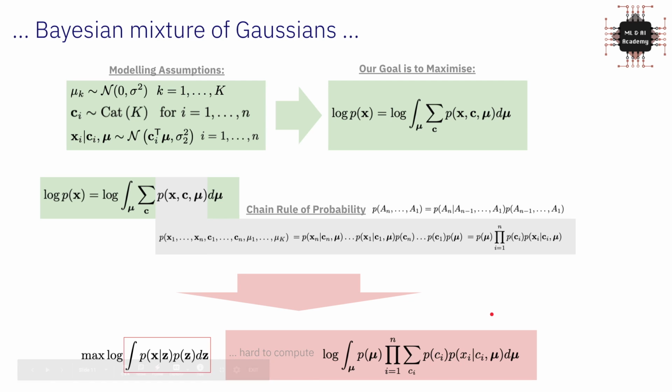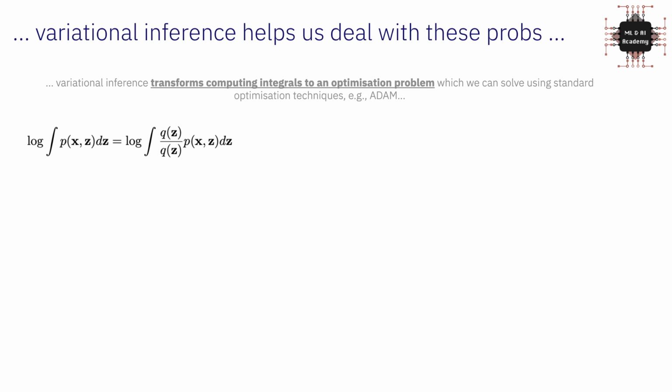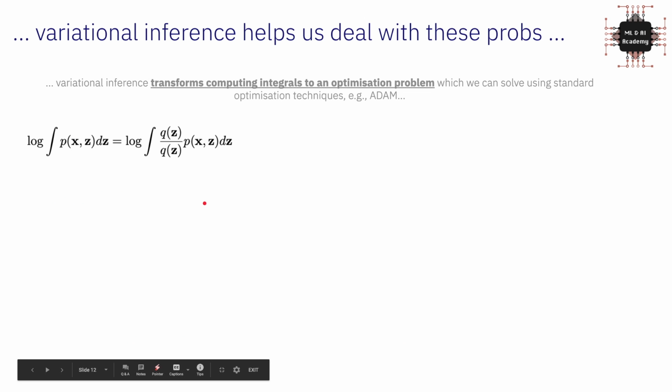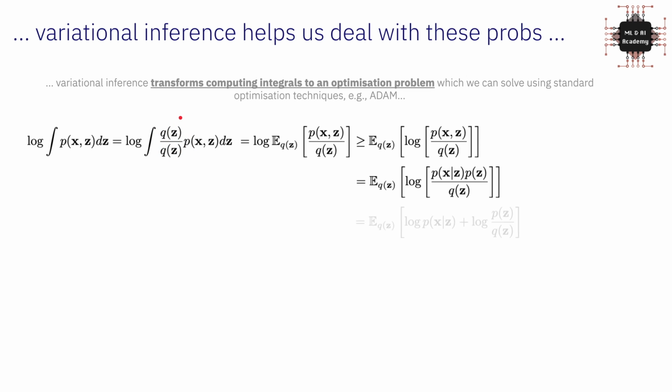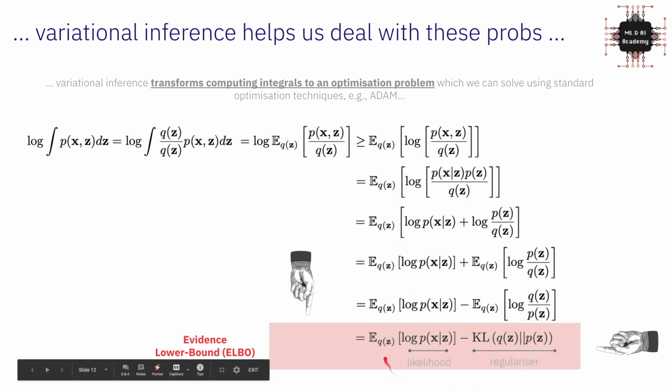So then we said, okay, the cool thing about variational inference is that it's a way of aiding us in computing this integral. In fact, all it's going to do is transform this integral into an optimization problem. The way it does that is by introducing this variational distribution over the latent. Then we worked through Jensen's inequality here, and reached this equation where our goal is to maximize the likelihood while being close to my prior assumptions.